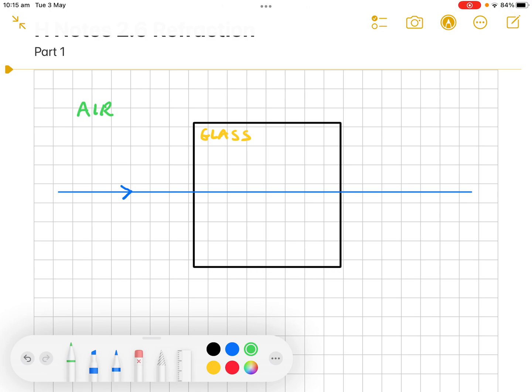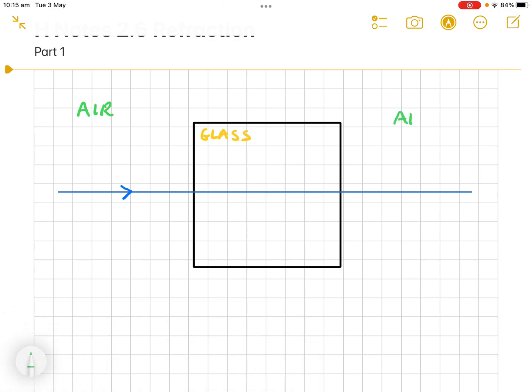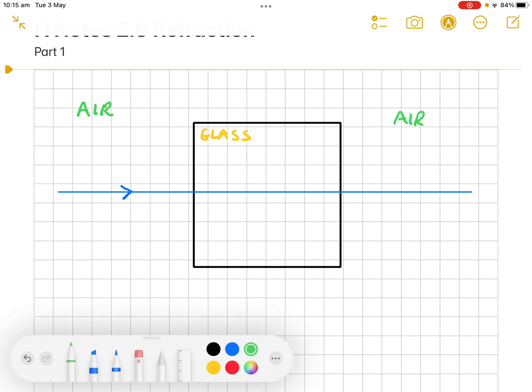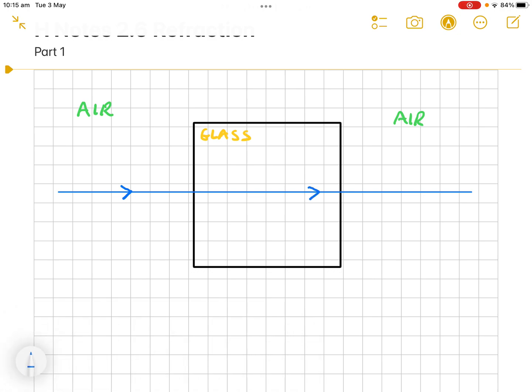And then on the other side, it moves back into the air again. And it's lying right on the normal, i.e. it's hitting the boundary at 90 degrees, so there's no change of direction here.